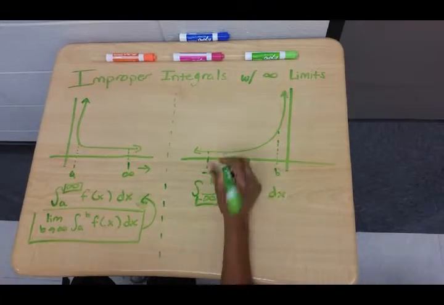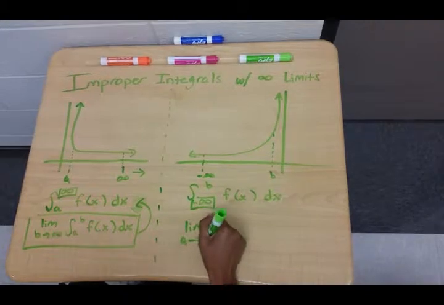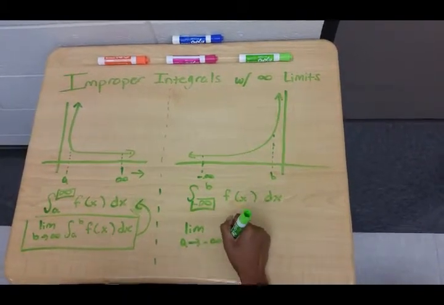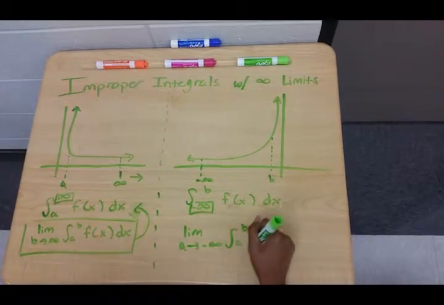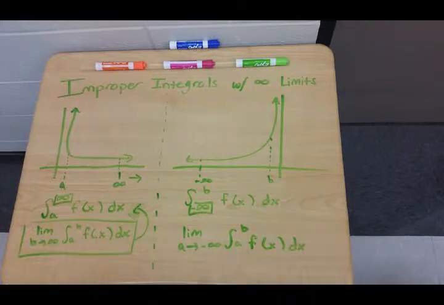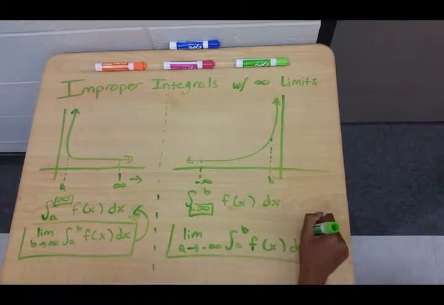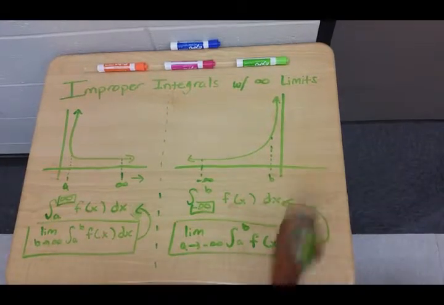So let's make this the limit as a goes to negative infinity of the integral from a to b of f of x dx. And just like on the other side, this is equal to that.